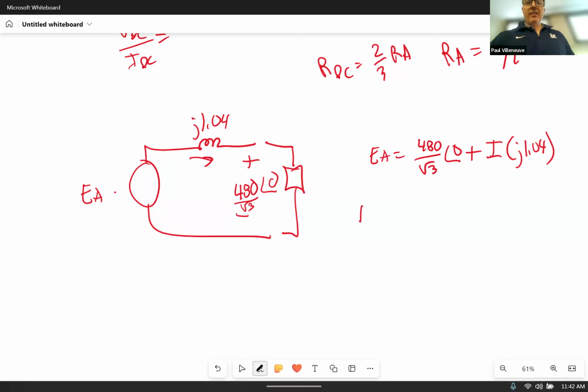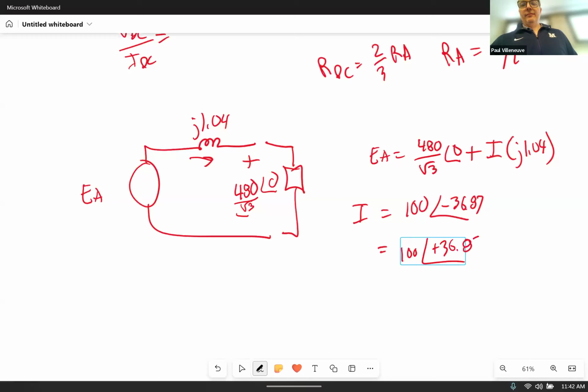The current is going to be either 100 at an angle of minus the inverse cosine of 0.8, which is 36.87, I think. Those are the 3 load currents we're going to get.